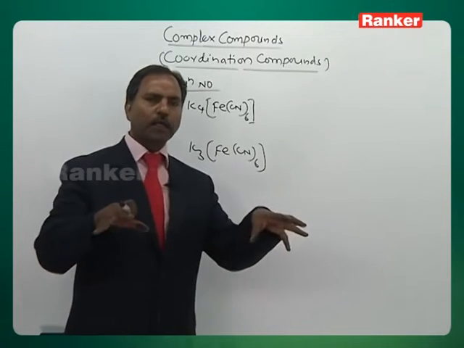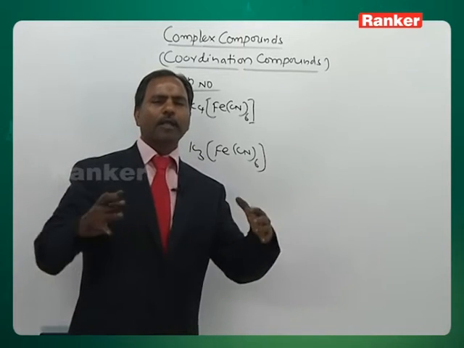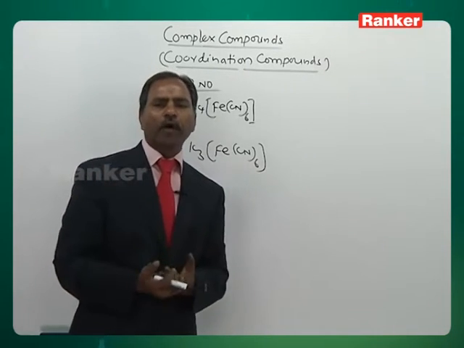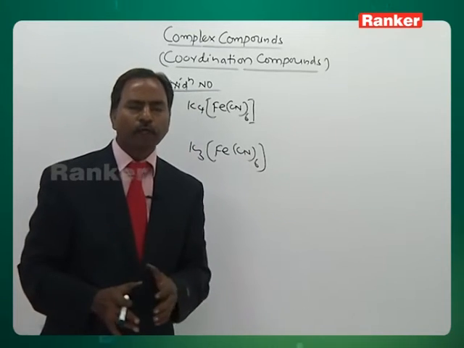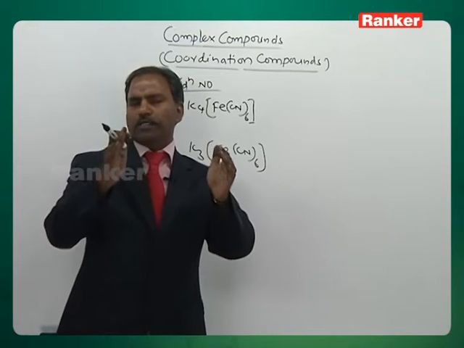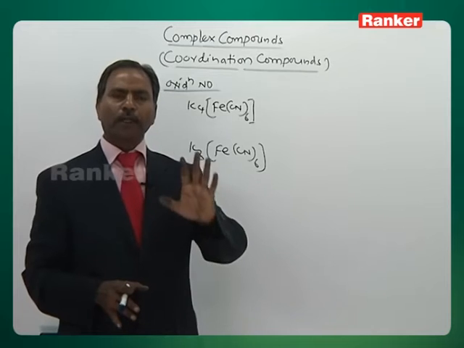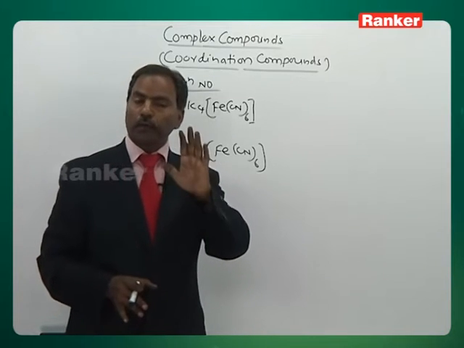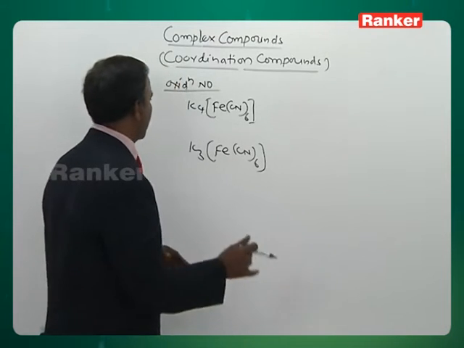There is the equation x plus y plus z equal to 0, but we need not always apply a formula and calculate, as it takes time. By looking at the complex, you should be in a position to say the oxidation number of the metal ion, provided you are thorough with the nature of the ligand. I will teach you a very simple way.